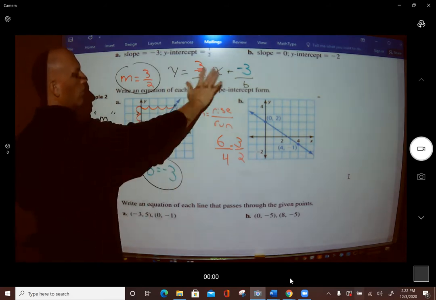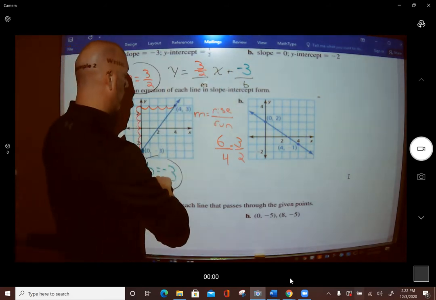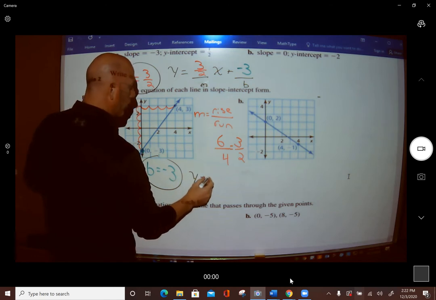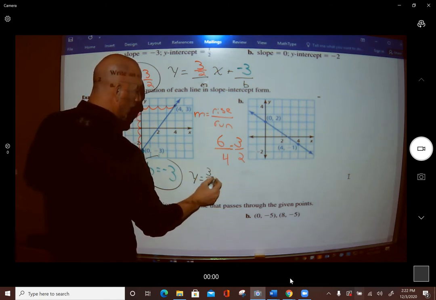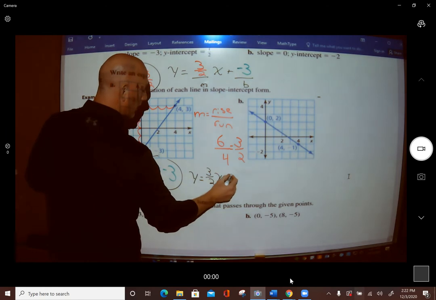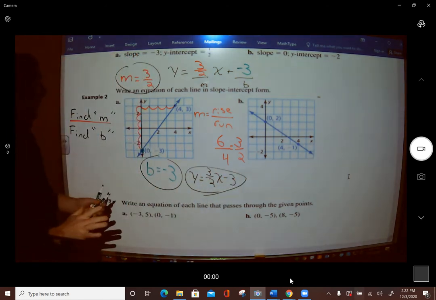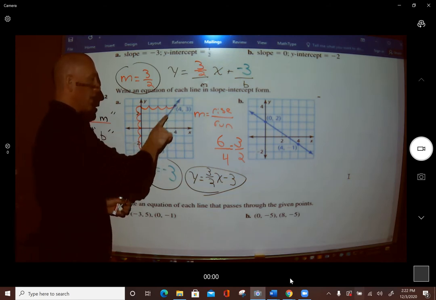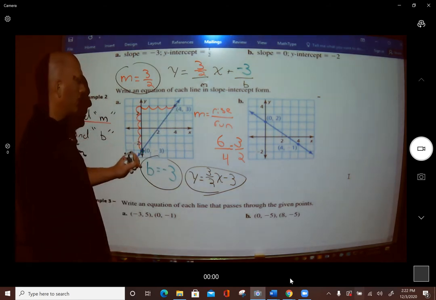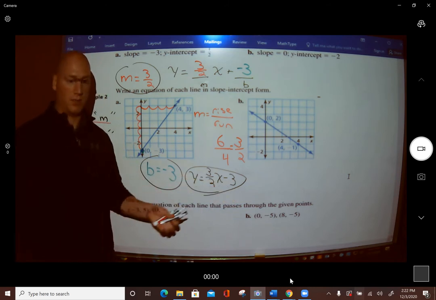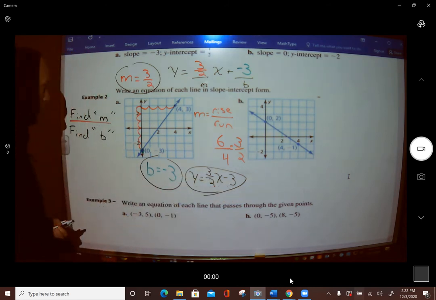But that doesn't look real nice because I don't want a plus minus. So I'm going to write my final answer down here as y equals 3/2 x minus 3. So all we did was we found the equation of the line here. This given line can be written in equation form as y equals 3/2 x minus 3. Okay? So take a second, take that in.